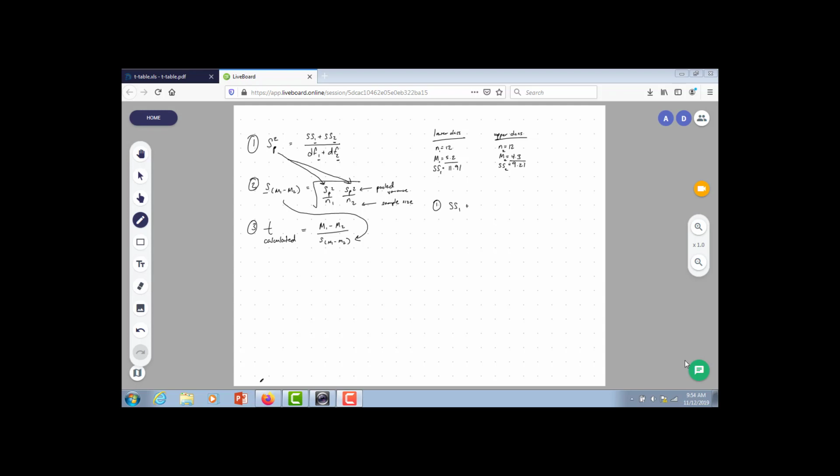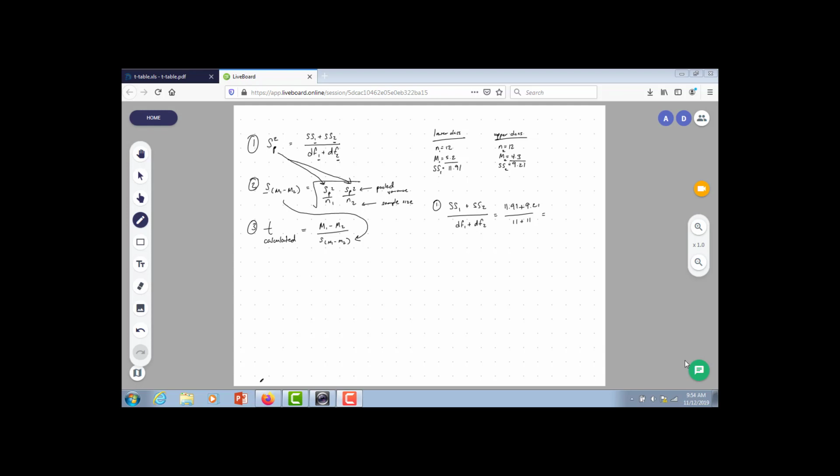So our first formula involves taking the sum of squares for 1 and 2 and pooling that and ultimately dividing by the total degrees of freedom. So we have 11.91 plus 9.21 over 11 plus 11.